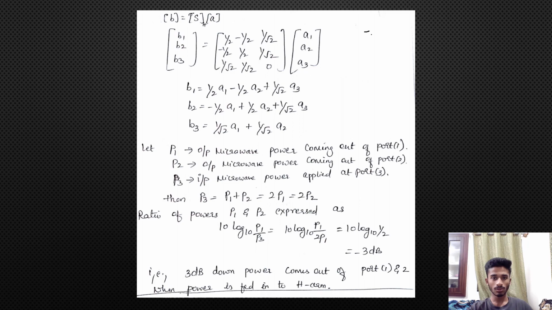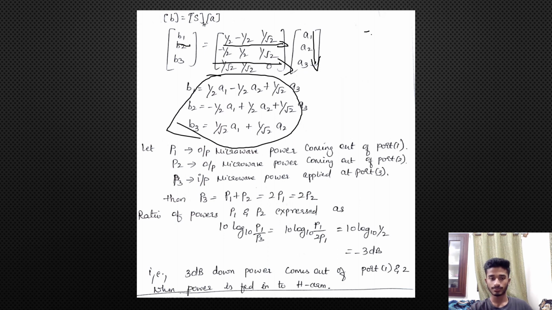Now we have to multiply. So B1 is equal to row 1 into column 1. We have to multiply each row with column 1 and get the equation.